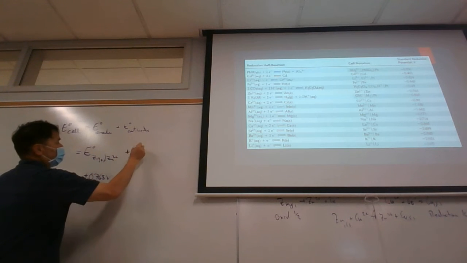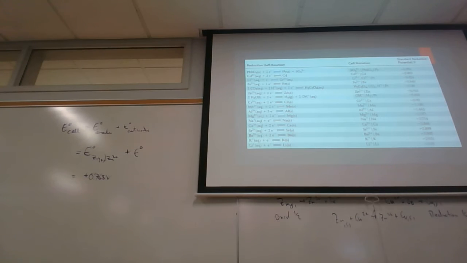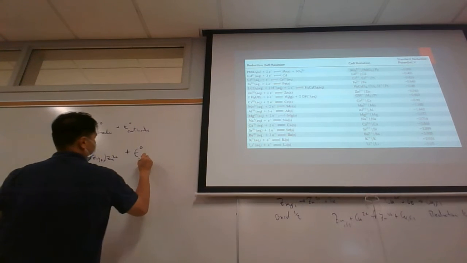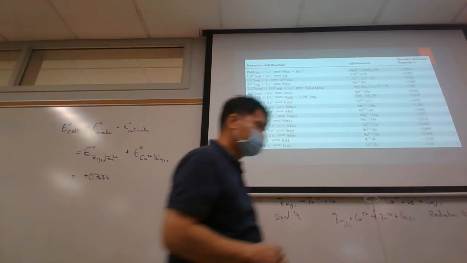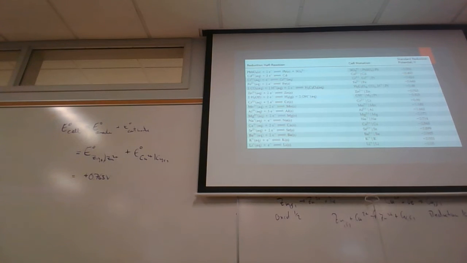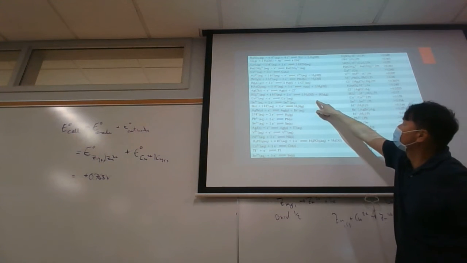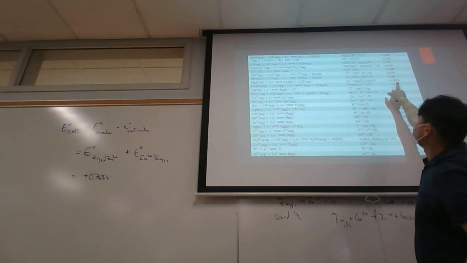Plus the cathode. What was the cathode? And this one was copper, right? Okay. And so the cathode was copper 2 plus goes to copper solid. And so let's take a look at the voltage for that. It would be here. Copper 2 plus goes to copper solid. It's not there. It's up there. And that's plus 0.34 volts.